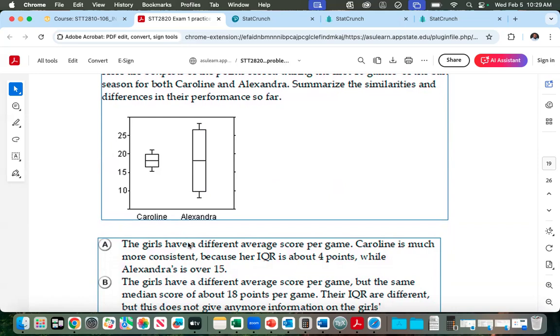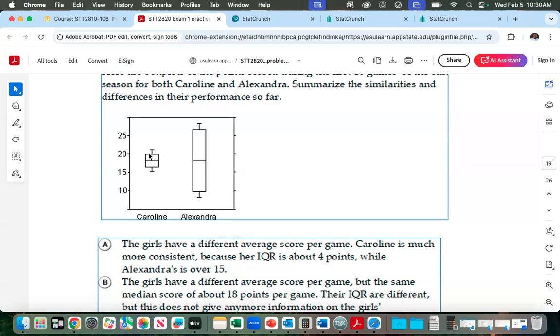So when we look at A, it says that the girls have different average scores per game, and that Caroline's is much more consistent because her IQR is about 4 points. What is the IQR? IQR is this box, which is Q3 minus Q1.